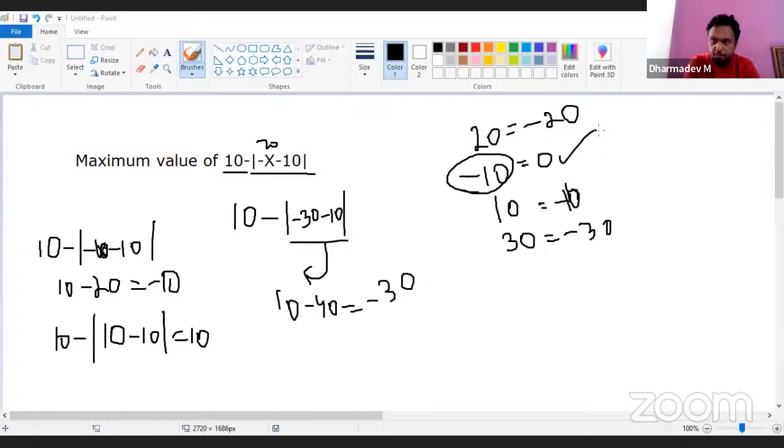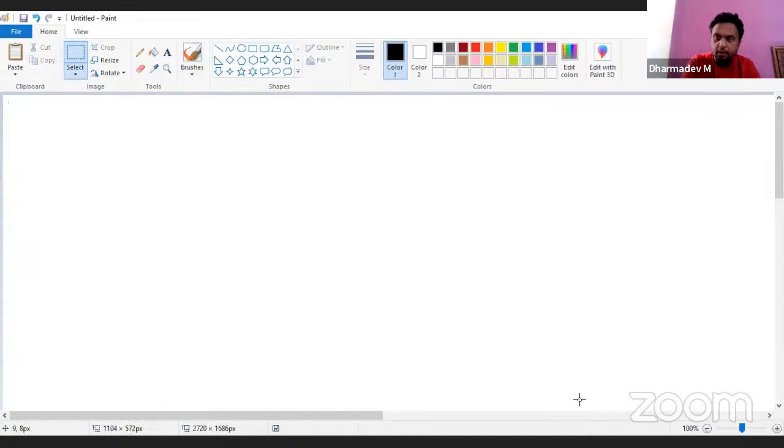The next one, simple interest. Simple interest on a certain sum of money for 3 years at 8% per annum is half the compound interest on 4,000 for 2 years at 10% per annum. Find the sum placed on simple interest. Very easy. So I will just find the compound interest first.